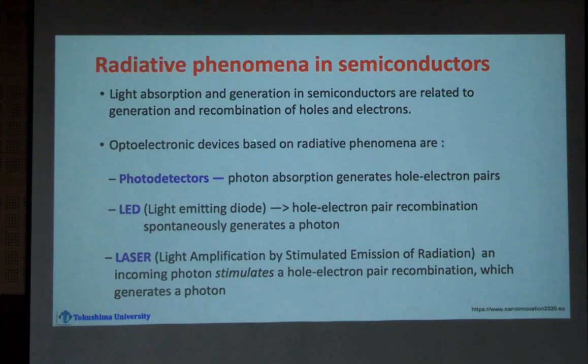So optoelectronic devices that are made from nanomaterials are photodetectors, light emitting diode, and laser. So laser has stimulated emission. Photodetector, photon absorption generates electron hole pair.